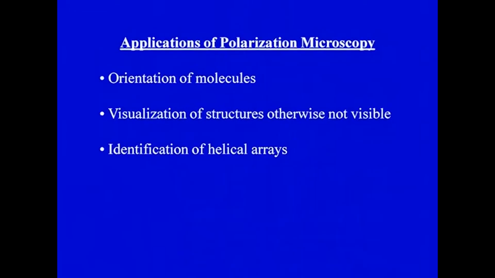Polarization microscopy could be utilized for knowing the orientation of molecules, like I was discussing with you. Birefringence in a cell indicates there is a structure containing oriented molecules, and birefringence measurements give you an indication of how they are oriented. For example, muscle cells have been seen to be parallelly oriented by polarization microscopy.